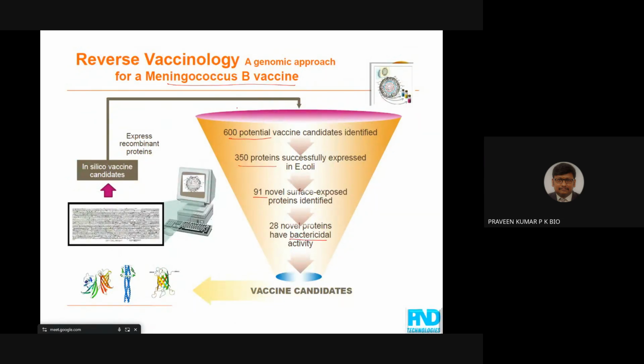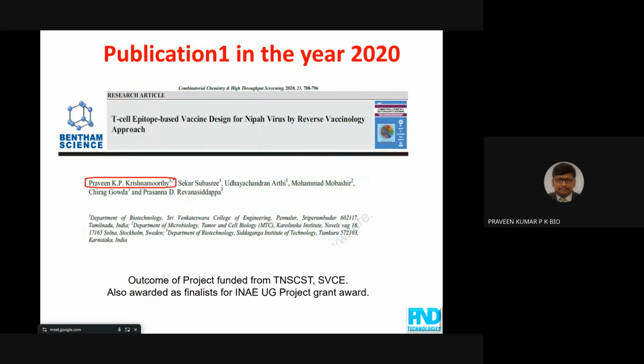I told you this meningococcal B vaccine is used for treating bacterial meningitis. For bactericidal activity, only 28 candidates were screened, and these screened candidates were used to come up with various epitopes. Thousands of epitopes are there, but the best epitopes are used for the treatment of this disease.